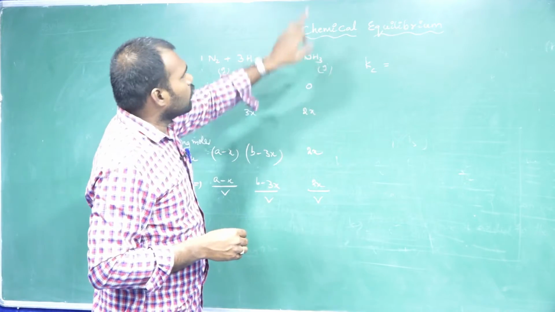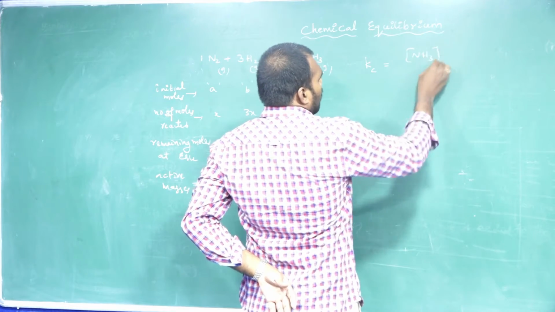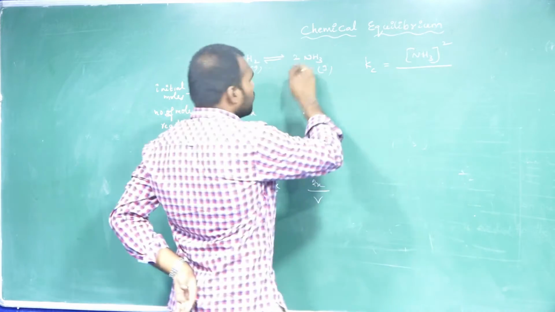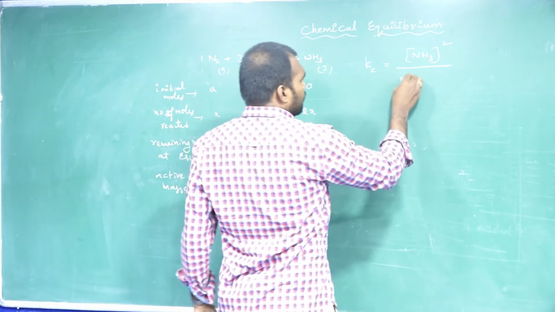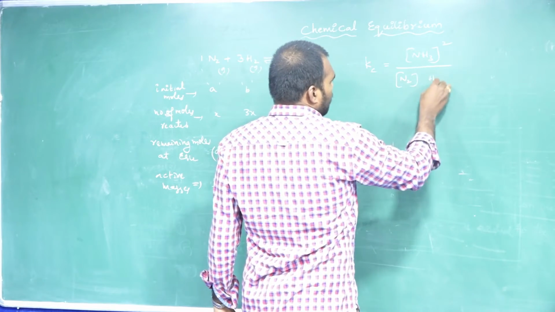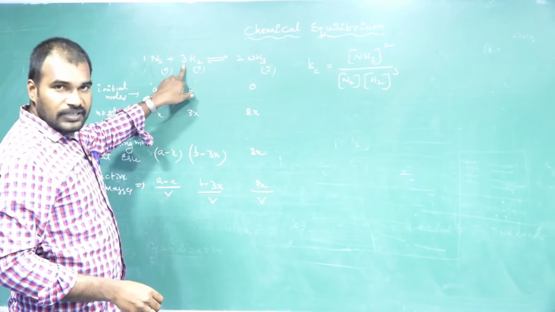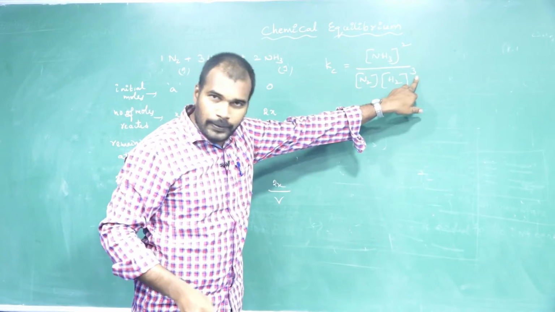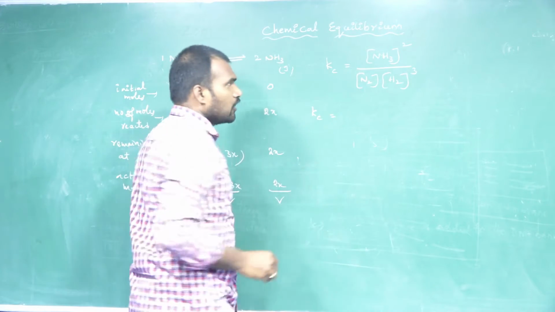So here this becomes a power. Kc is concentration of ammonia squared, NH3 square, and nitrogen concentration into hydrogen cube. Why? Because this coefficient 3 becomes a cube.